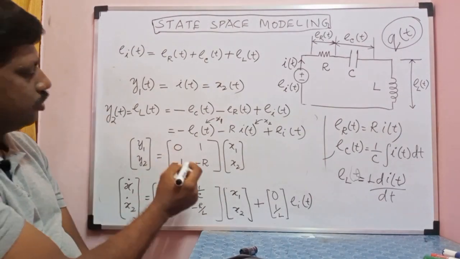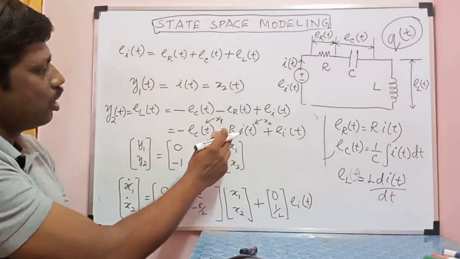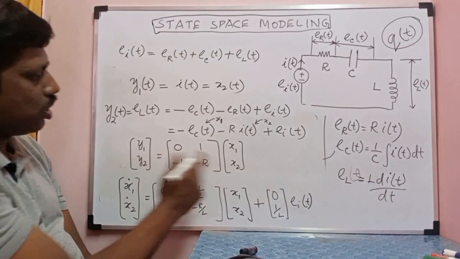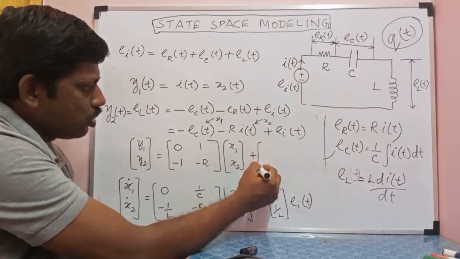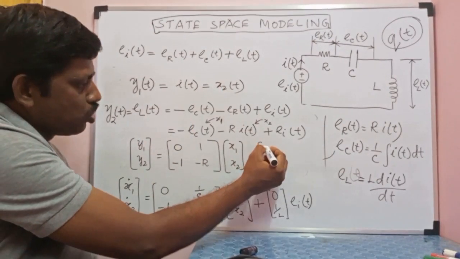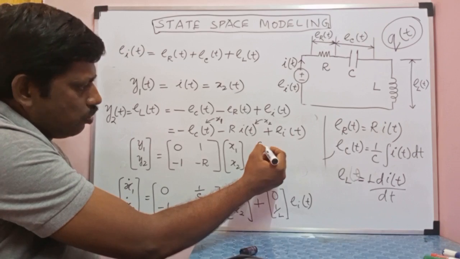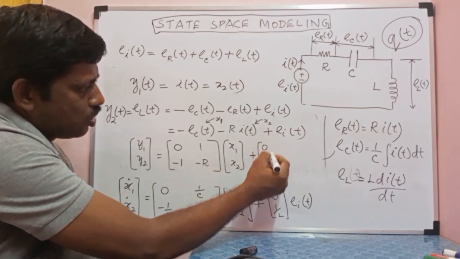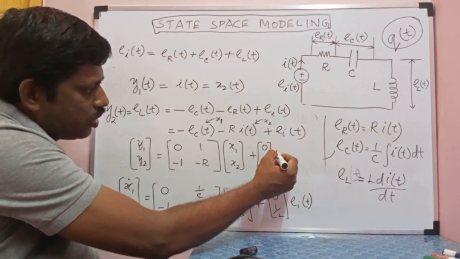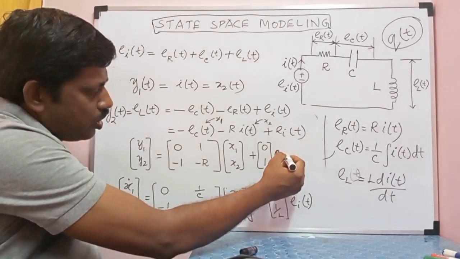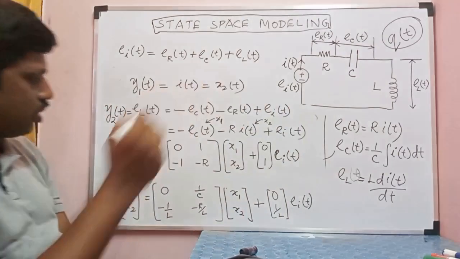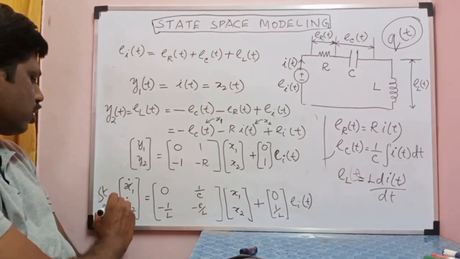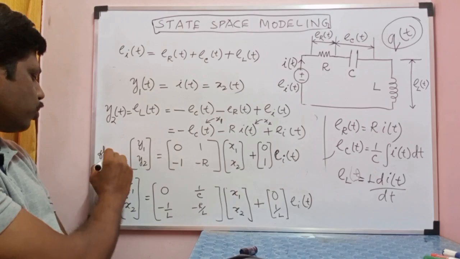Am I right? Minus r into x2 is I of t. Thus in the first equation there is no input, 0, and in the second equation it is 1, EA of t. So I got this state equation and the output equation.